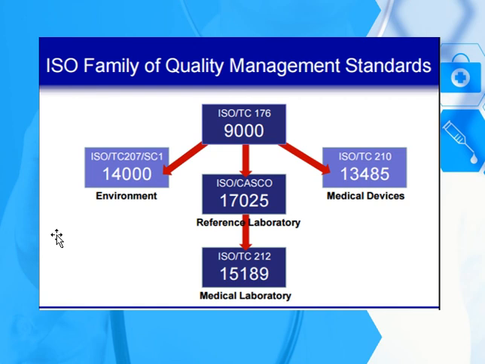And for the ISO, I have shown you the types of quality management system which come from the ISO. So this is the ISO family of quality management standards. It starts with 9000 or 9001, and then it came out with ISO 14000 for environment, and then ISO 17025 for reference laboratory, and eventually it came out with 15189 specifically for medical laboratory.